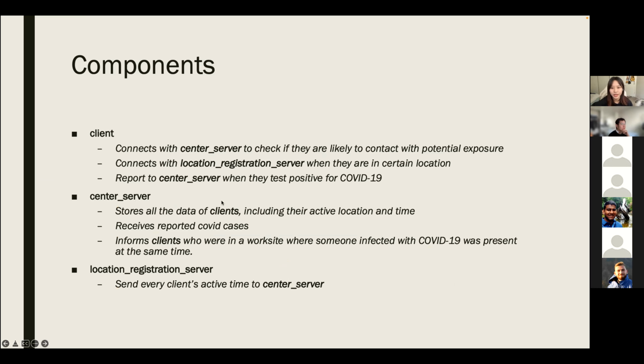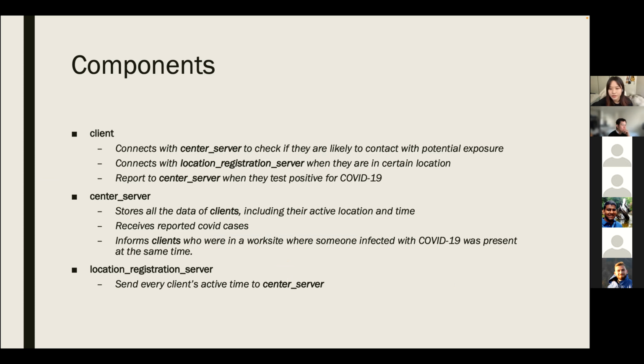And here is each component's responsibility. The client will connect with the center server when they enter campus, and connect with the location registration server when they enter some specific location. They should report to the center server when they test positive for COVID.